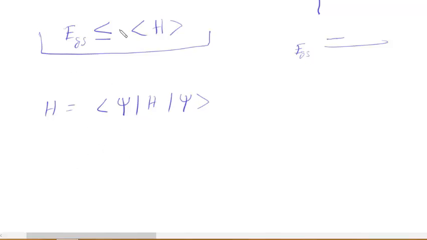And if we take the minimum of the variational principle, then we will find the approximate value of the ground state. Then the ground state energy is approximately equal to the minimum of the expectation of H. If we take the minimum, we find the approximate value of the ground state.